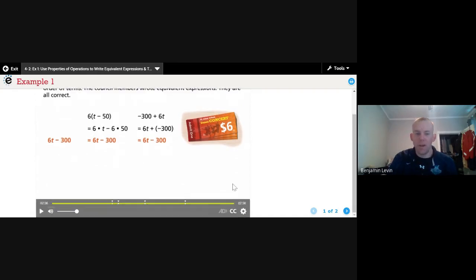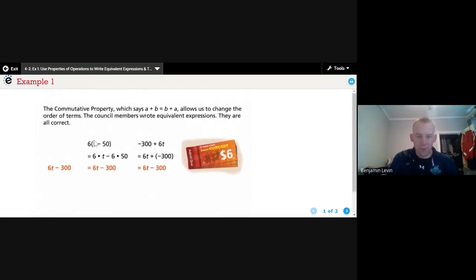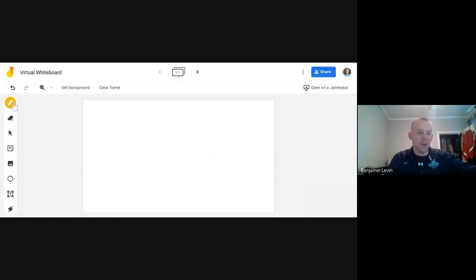So we have talked about the distributive property, which is these parentheses. The 6 would again get multiplied. Let me put this on the Jamboard. I'm going to do the distributive property real quick. We have a parentheses here, and we have t minus 50.